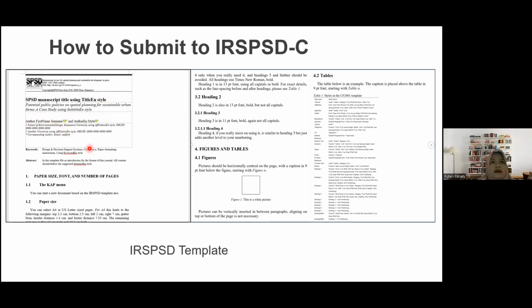If you have different affiliations, then you might mark them with 1, 2, 3, or else. And then for the author's information, we need your school, your university, your faculty, or your department, or maybe you are from government, then you will write your government office here and your division, something like that.